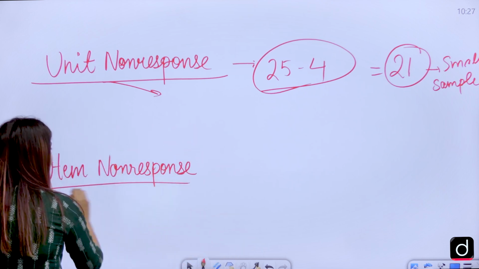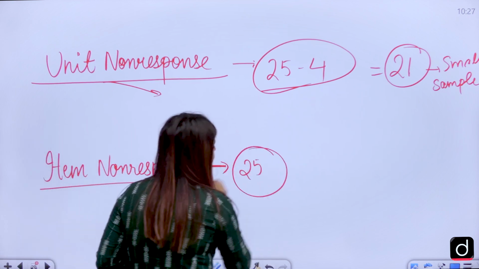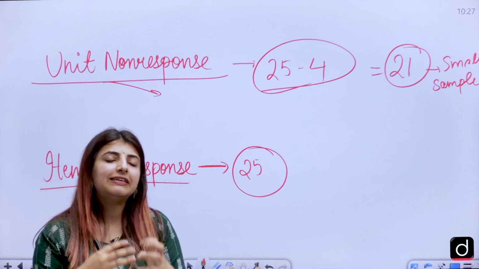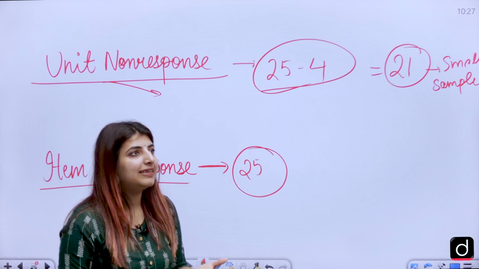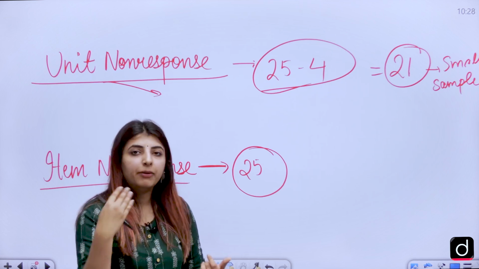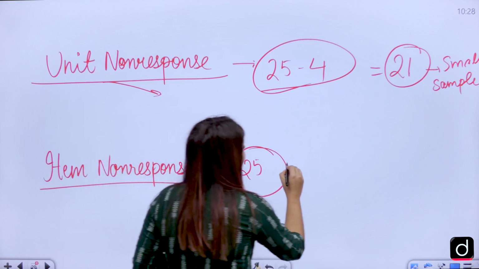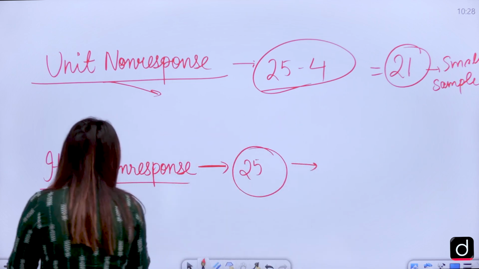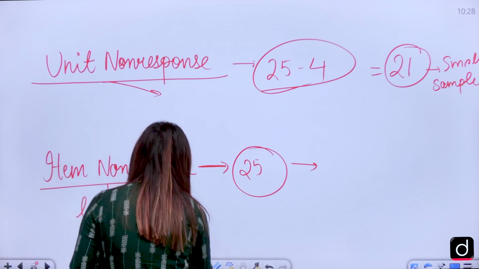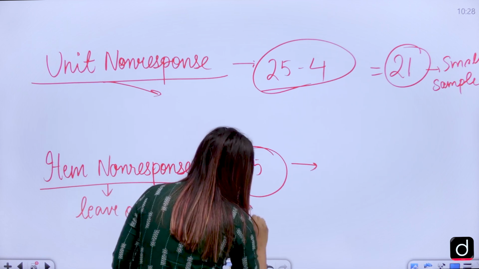Now, if I talk about item non-response, the people that I have selected are answering the questions, but they are leaving certain questions on their own because they think that information is maybe not required, or the information that the researcher has asked is sensitive. So they leave out certain questions. So in item non-response, you leave out particular questions.